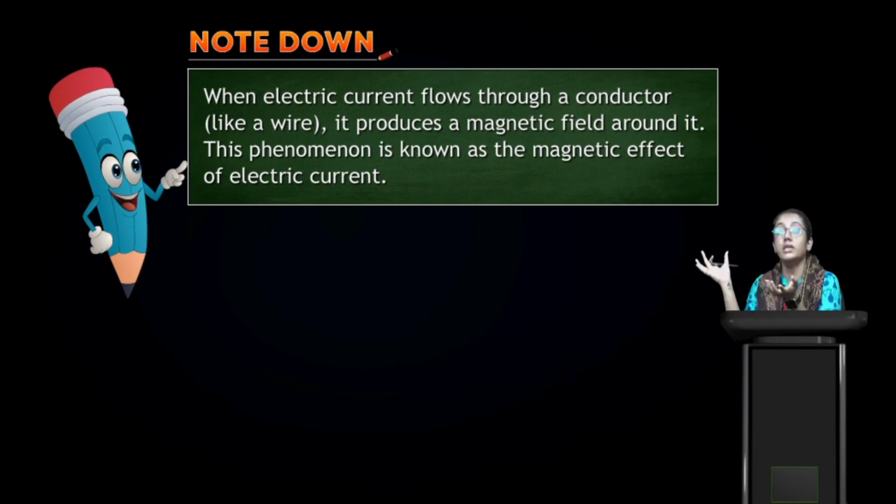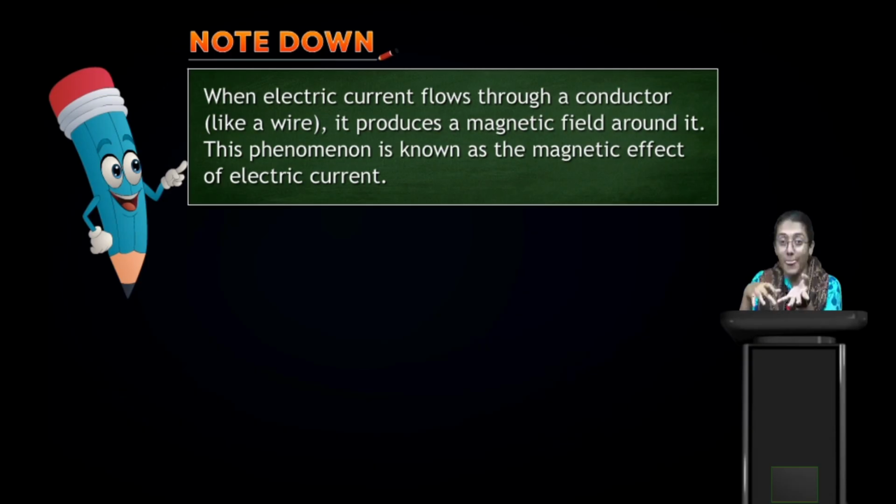So this phenomenon, by which we are able to produce a magnetic field, is known as the magnetic effect of electric current. Because the current is flowing, only for that reason the magnetic effect is happening, isn't it?